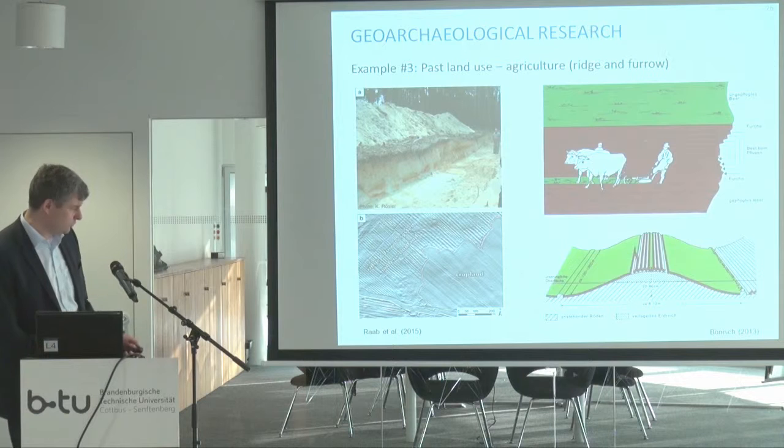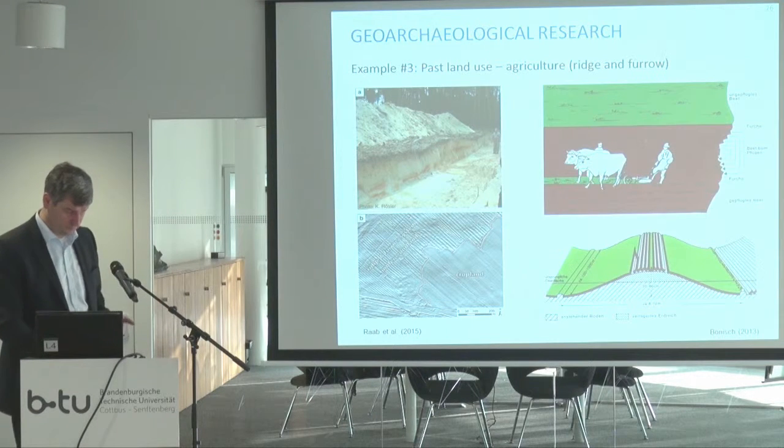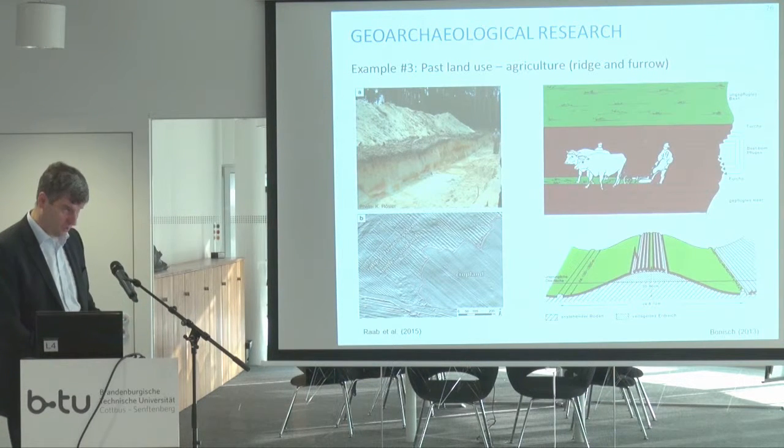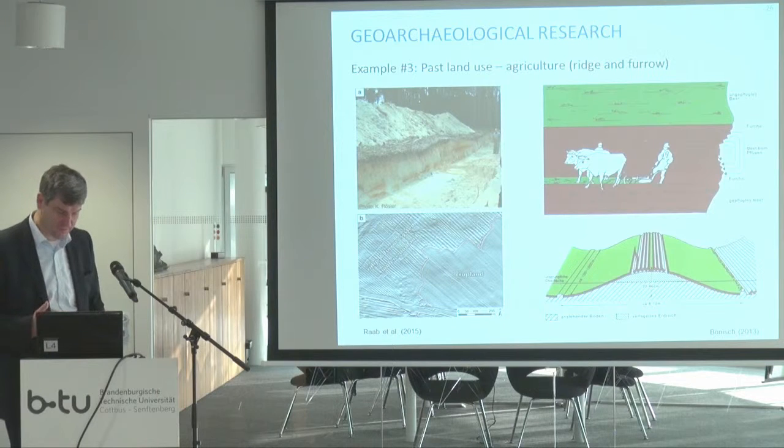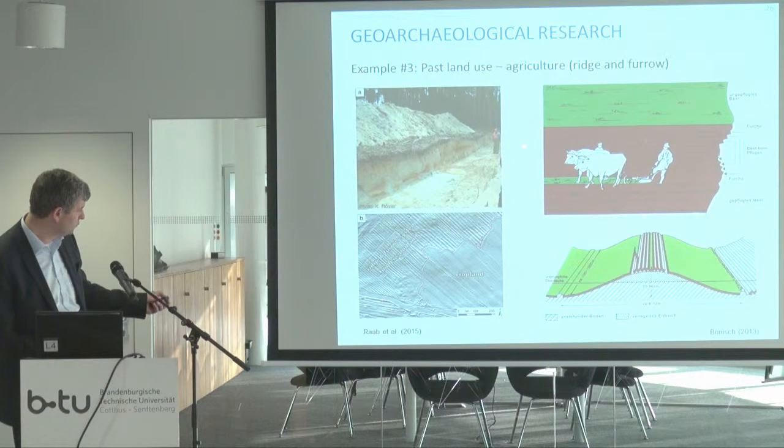Another example, a very nice one, giving us direct evidence of the early farming. So in the field, you sometimes see these kinds of structures which are not really good to photograph. This is a so-called ridge and furrow system.